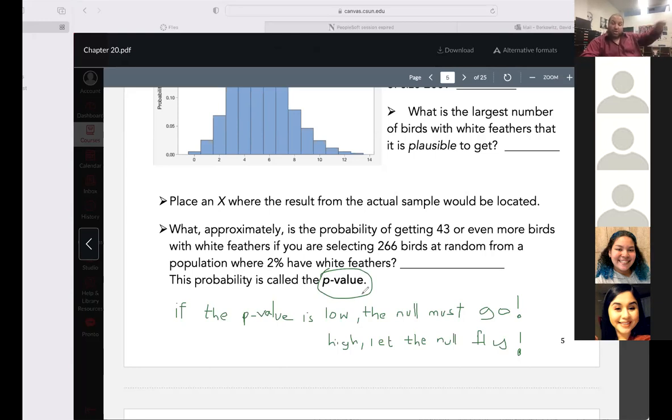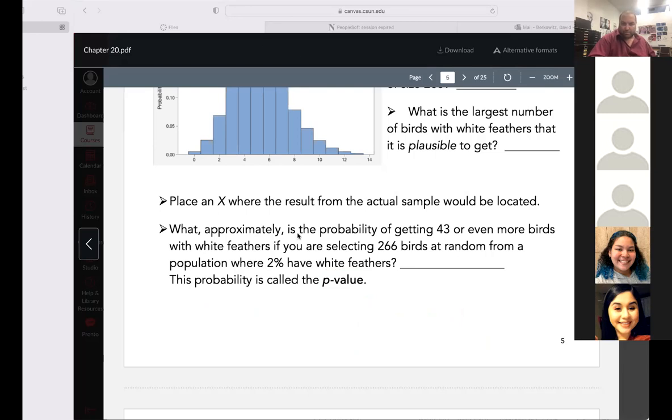I'm going to let the null go. High p-values mean it's somewhat likely that I would have gotten that result if the null was true. If it's a likely result, why would I question the null? I'm going to let it fly. It might not be right, but my evidence doesn't tell me that. Does that make sense?